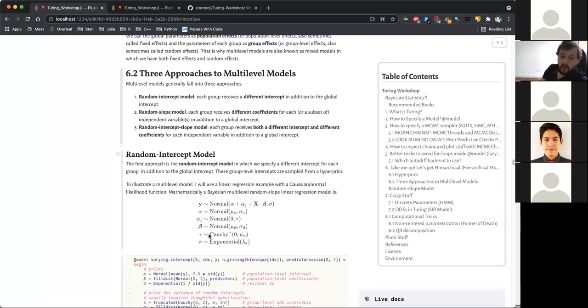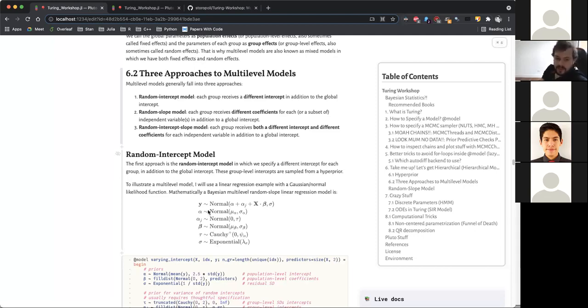And then this is the hyperprior. We say that our parameter tau here is a Cauchy, which is a fancy name for a Student's t distribution with one degree of freedom, only positive. So it's a truncated Cauchy with mean zero and a standard deviation that we specify.